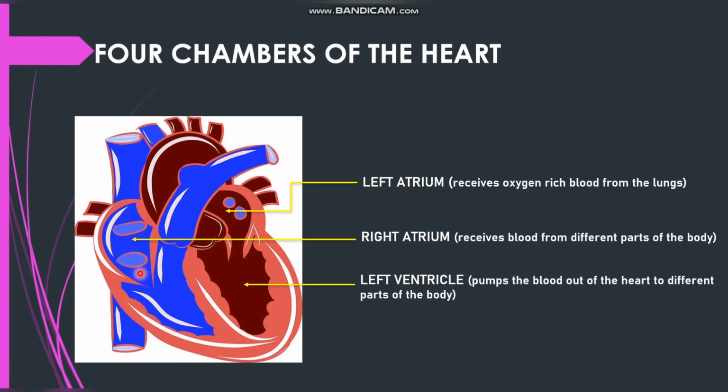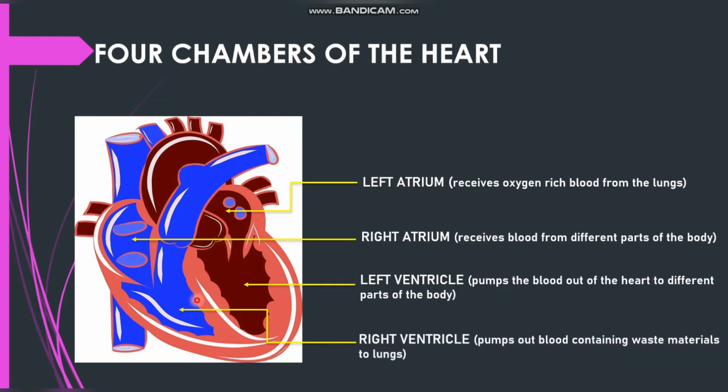From the right atrium, blood goes to the right ventricle, and from the right ventricle, the blood is pumped out to the lungs and it contains waste materials.